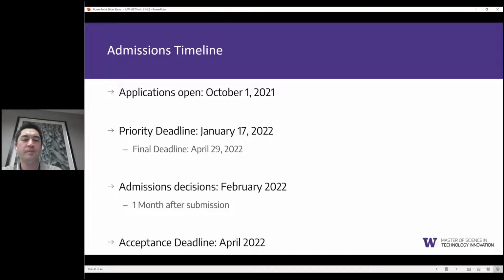So January is the priority deadline. We aim to have admissions decisions in February or March. For those, of course, it's first come, first served for scholarships as well as placement in the program. If we have space left over, then we typically keep rolling admissions going until April, on a two-week turnaround basis.